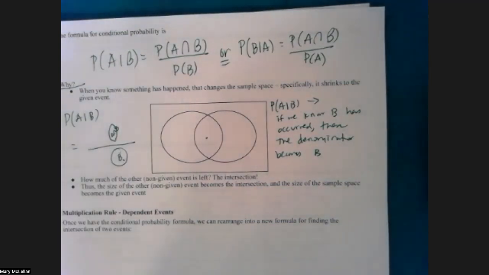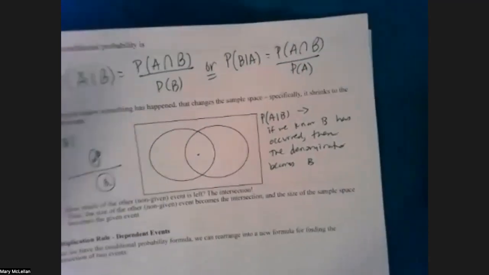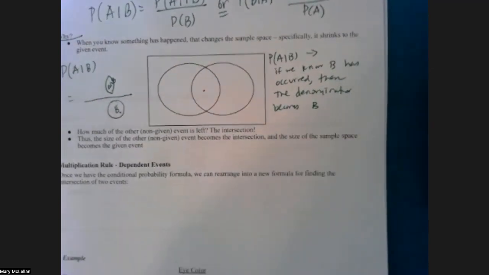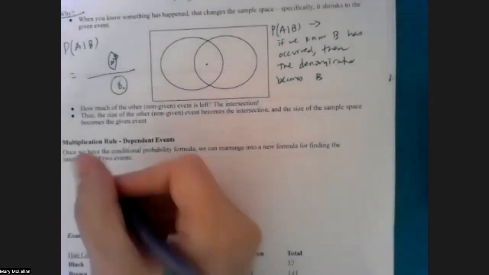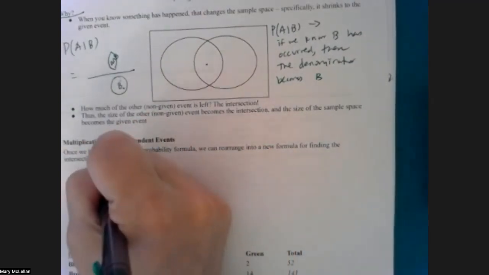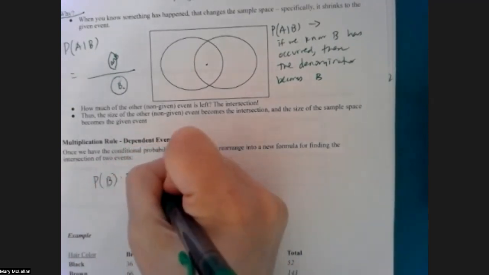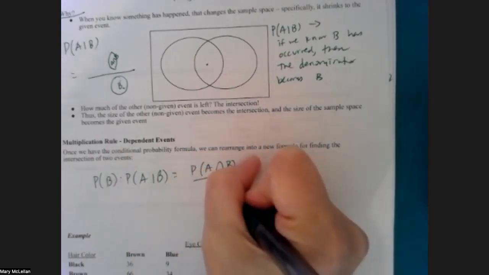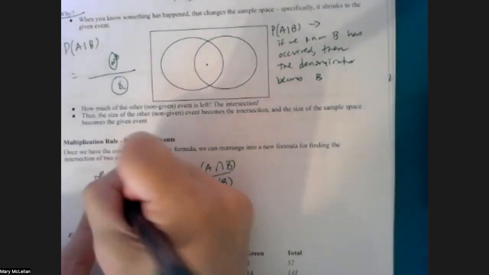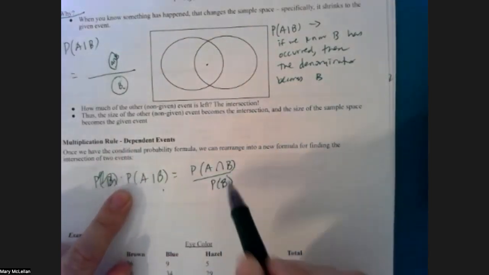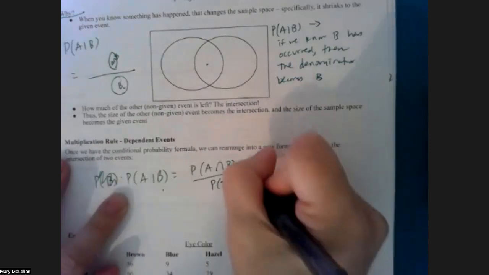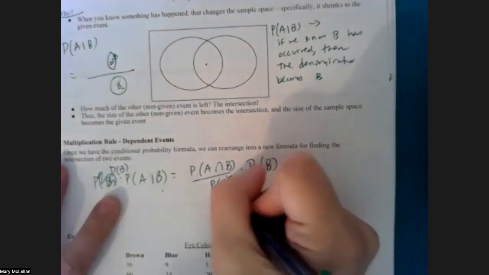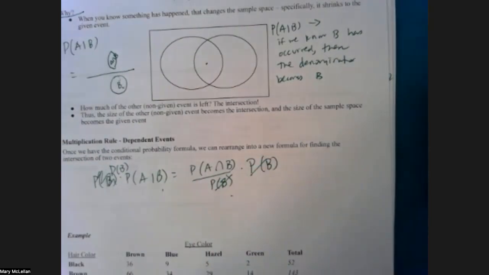Okay, let's look at the multiplication rule for dependent events. Once we have the conditional probability formula, we can rearrange into a new formula for finding the intersection of two events. So we have the probability of A given B equals the probability of A and B divided by the probability of B. If I multiply both sides of this equation by the probability of B, then on the right-hand side, the probability of B cancels.